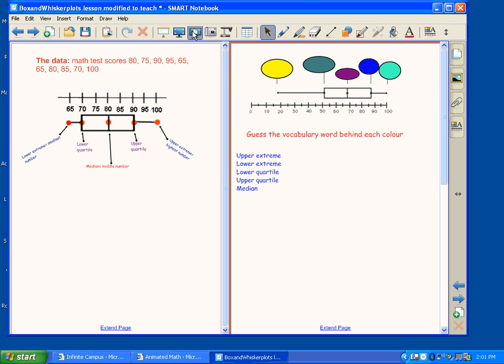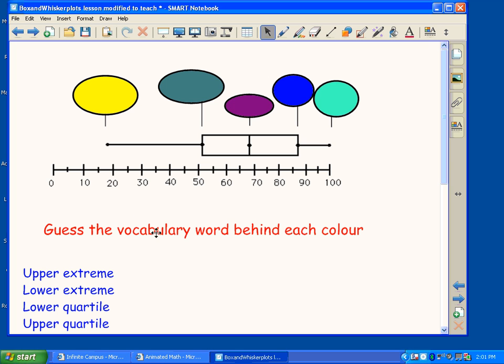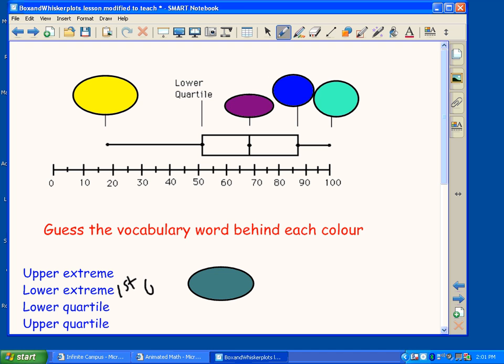Okay, here we go. Let's go to this page right here. Here's a new box and whisker. Tell me the name of this right here. The second quartile. The first quartile or the lower quartile. That means the same thing. Okay, name of this one.